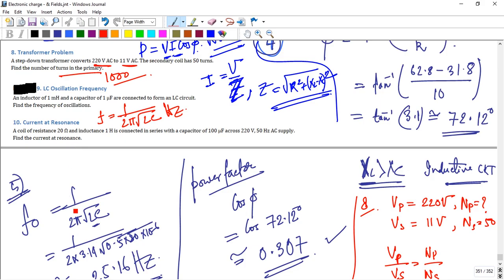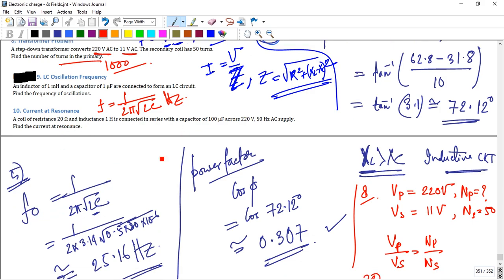Keep in mind, first find F naught, the resonant frequency, that is 1 by 2 pi root over of LC. Here L is 1 henry, C is 100 microfarad, and solve this and you get 15.91 hertz. Actually solve with the help of a calculator, that's why you solve it very fast.